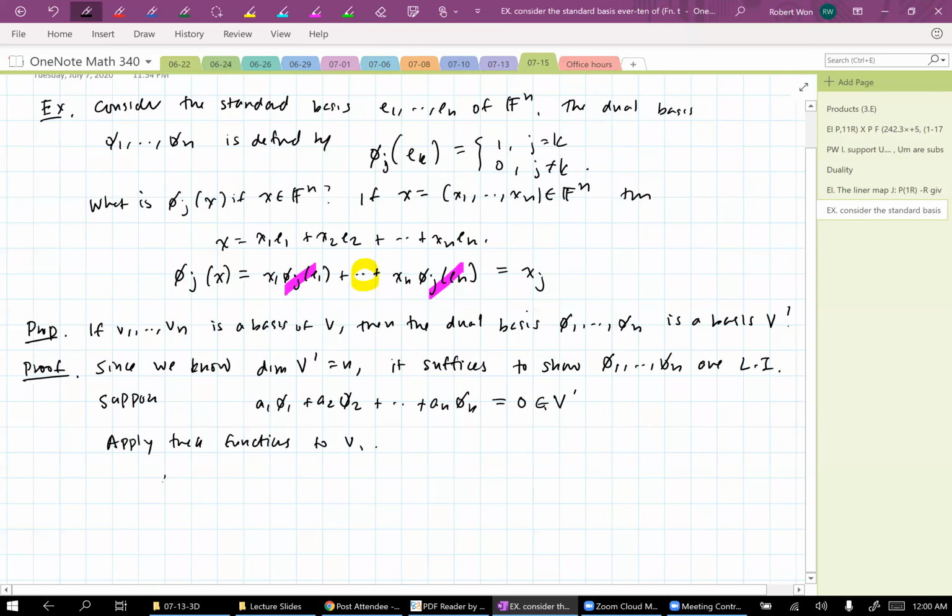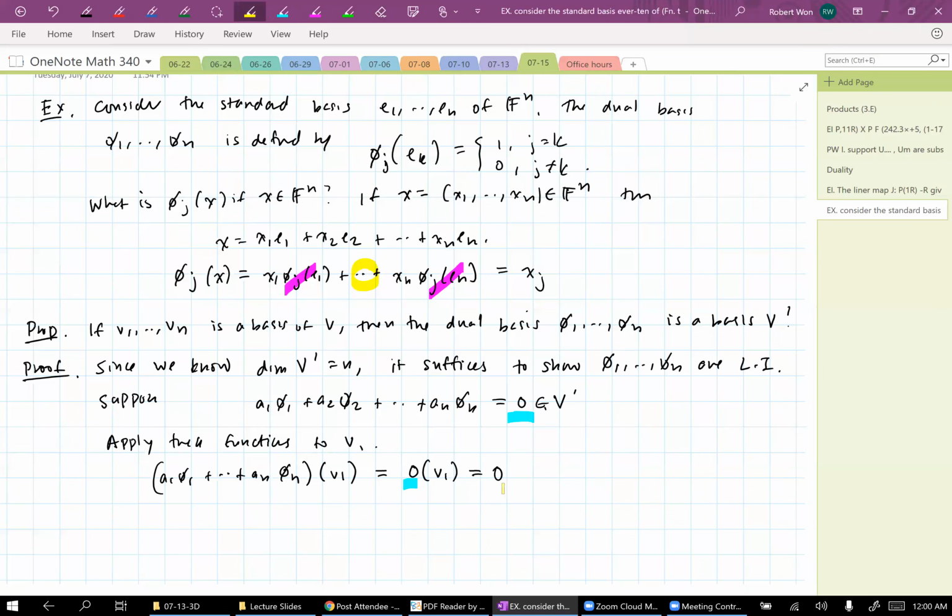A1 phi 1 plus An phi n evaluated at V1 has to be the same thing as 0 evaluated at V1, which is the number 0. So this 0 was the 0 functional. This 0 is the number 0. Maybe I should underline it in a different color.